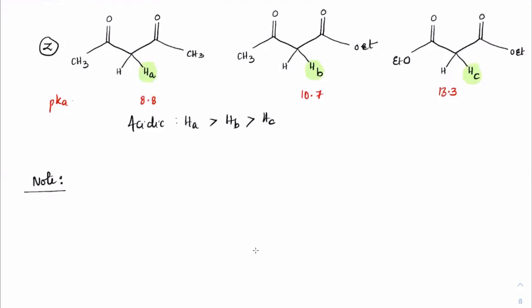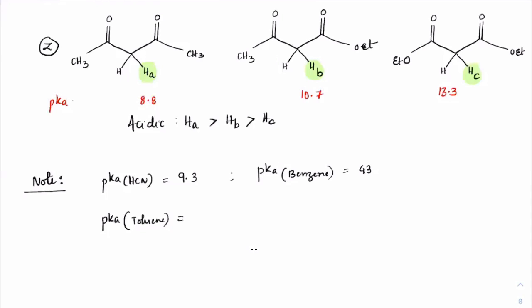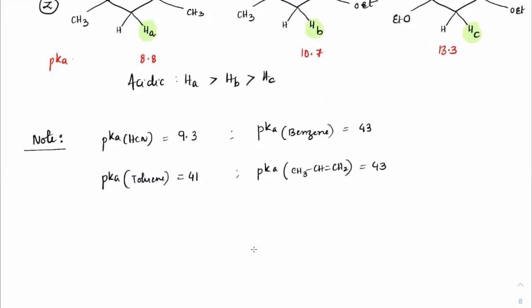We check the pK values. The pK value of HCN is around 9.3. The pK value of benzene is around 43. The pK value of toluene is around 41. The pK value of CH3 CH double bond CH2, propene, is 43.